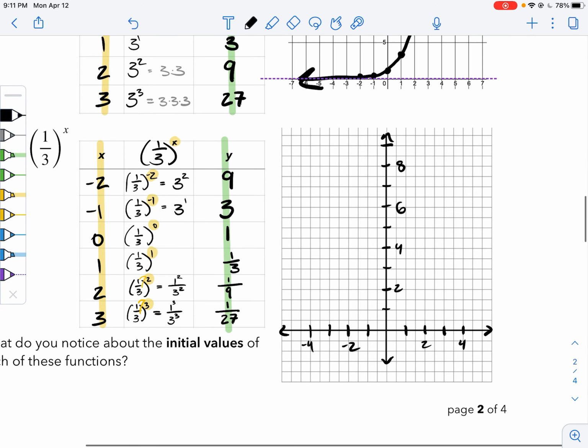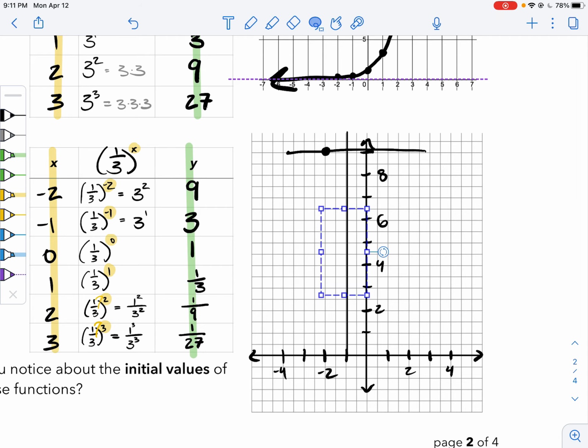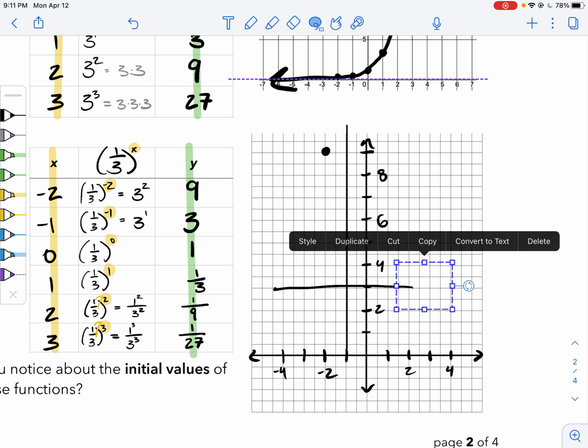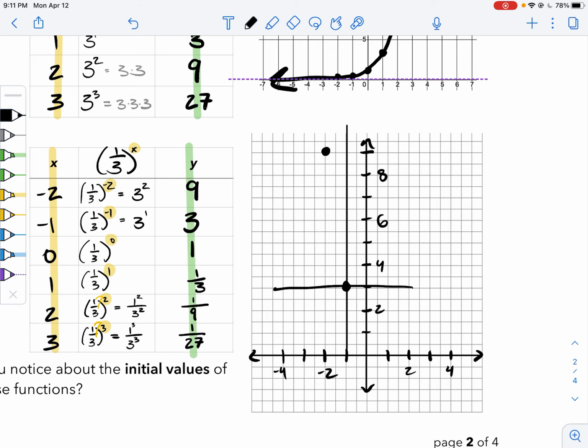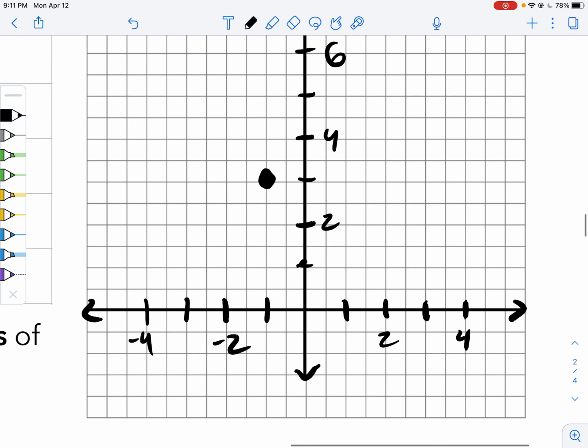Okay, cool. So we go back -2, up 9, over -2, up 9. That's where the point is. Okay, look at me using rulers, old school. Over 1, up 3. Okay, I don't need this anymore. Then over 0, up 1.